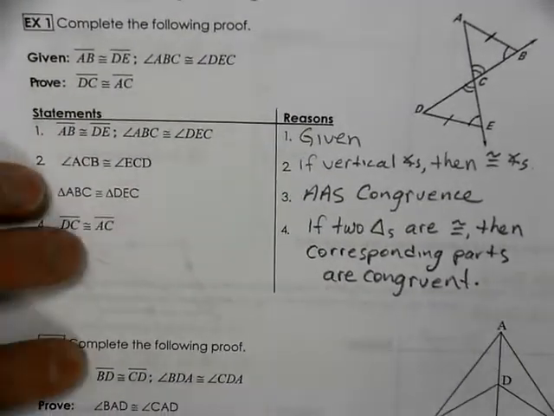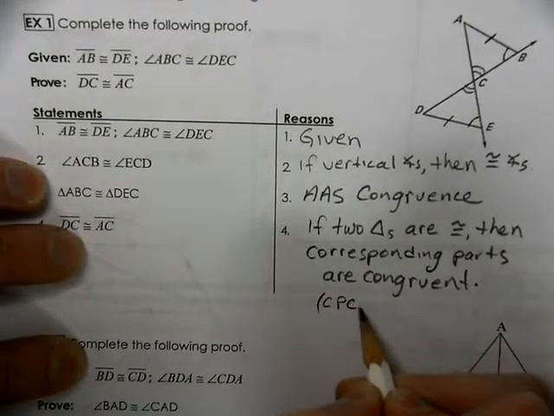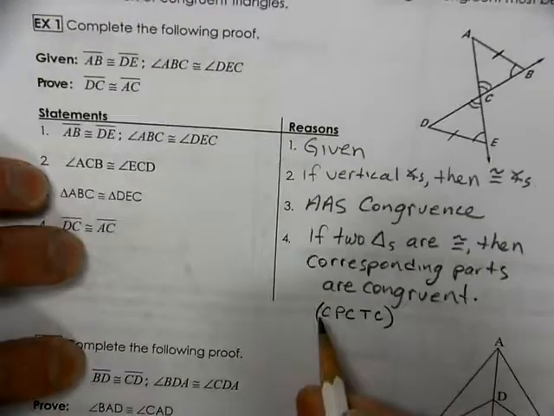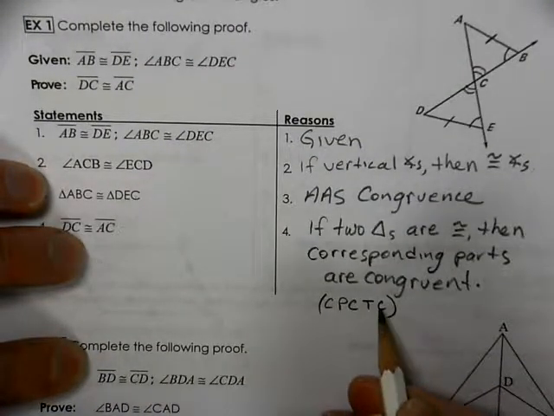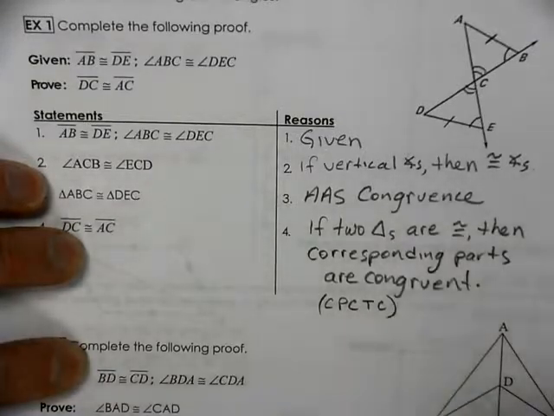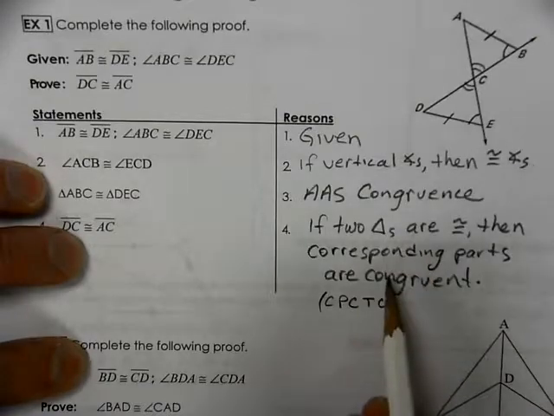Now there is a fast little abbreviation for that, CPCTC. Corresponding parts of congruent triangles are congruent, CPCTC. That is a quick explanation of this if-then statement.